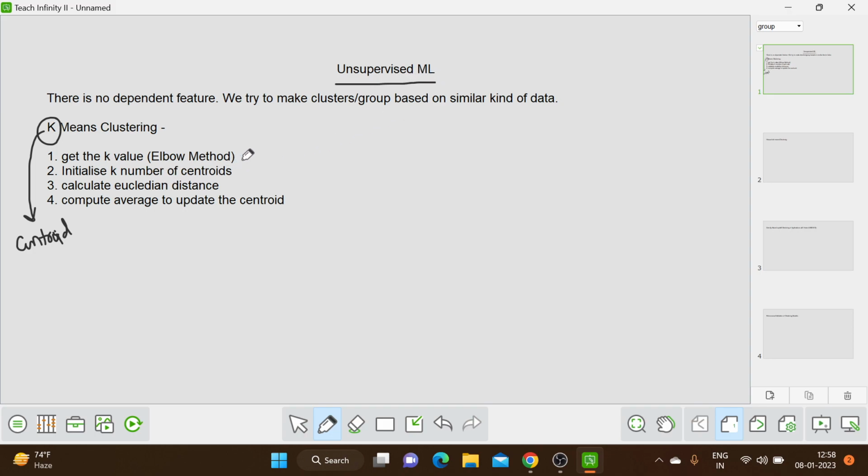First is get the k value. How to get the k value? Suppose these are my data points. First I initialize k equal to 1.